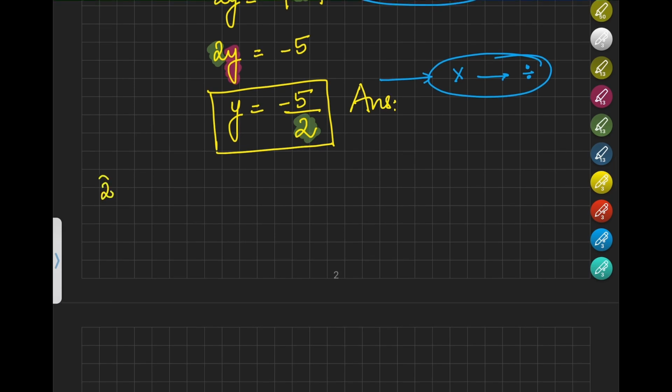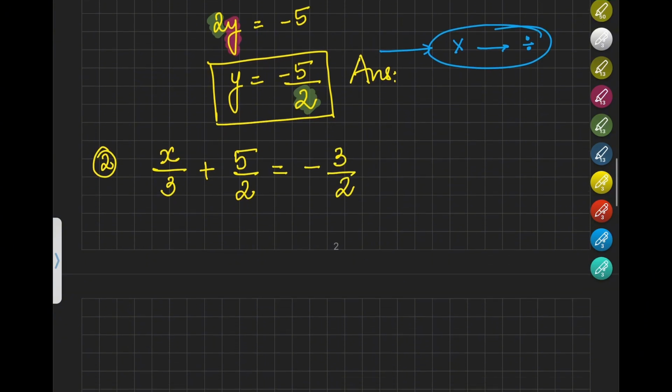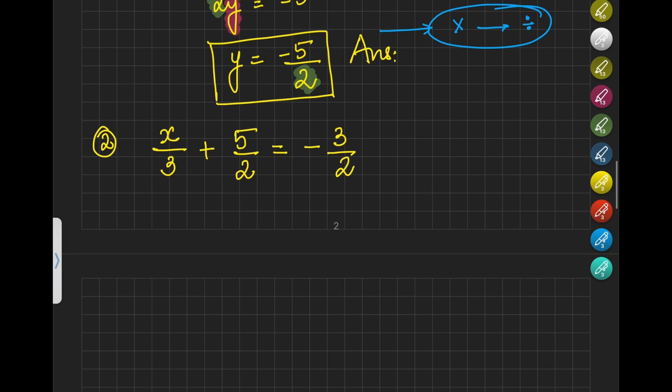Say for example, we have x by 3 plus 5 by 2 is equal to minus 3 by 2. Now the difficulty level of the question has increased. So try and understand, where is the variable? The variable is here. And can we solve minus 3 by 2 and 5 by 2? Yes, we can.